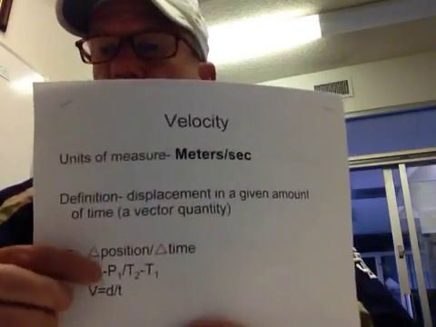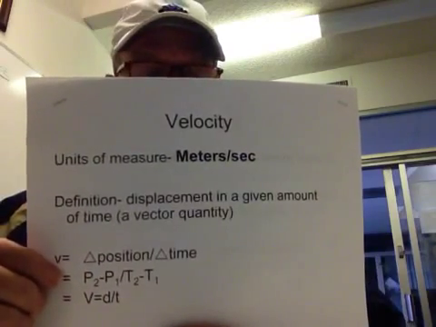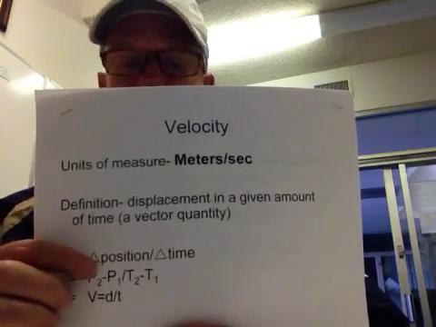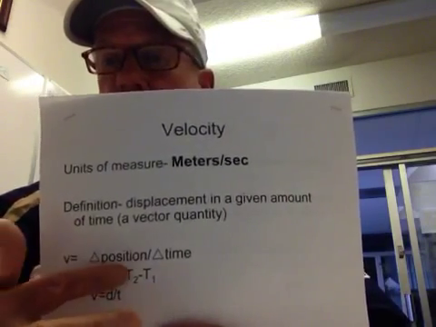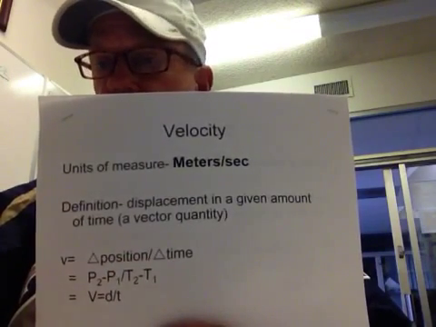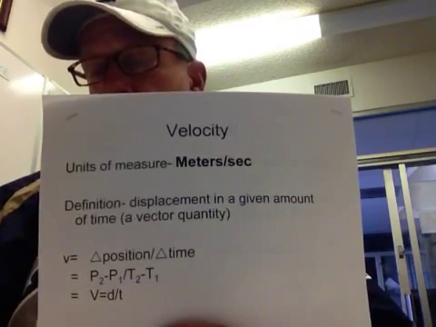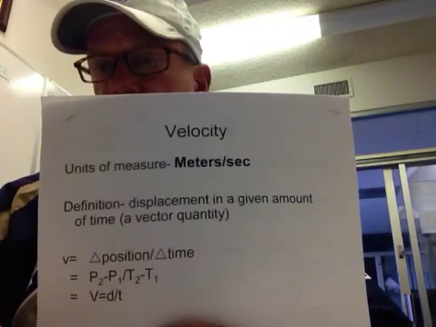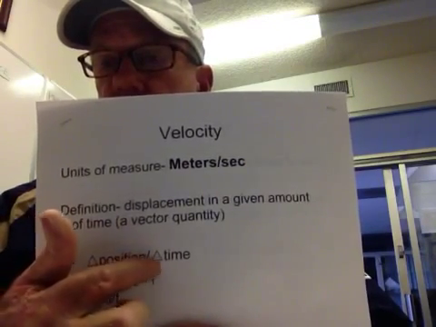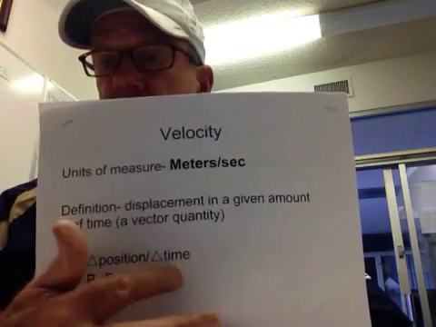And then knowing that, it makes sense to you that the shorthand for velocity equals delta, which means the change in position. You've gone from point A to point B. That's a distance. You can subtract what your original distance was, 0, from your final distance, and that is the change in position. You started a stopwatch at 0 and it elapsed over a certain period of time, and that's the denominator.